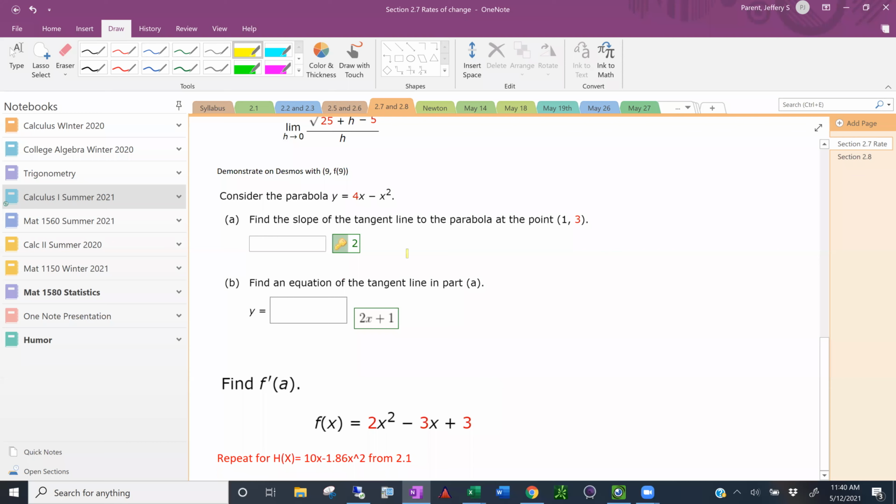So it says, consider the parabola y equals 4x minus x squared. Find the slope of the tangent line to the parabola at the point 1 and 3. All right.